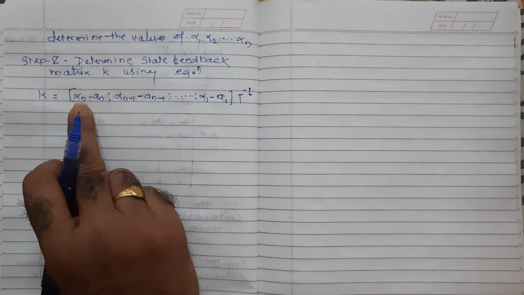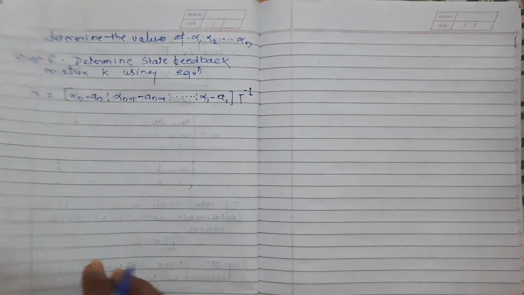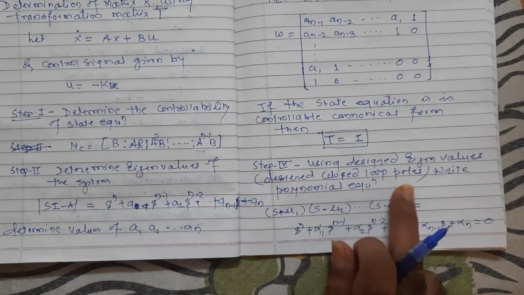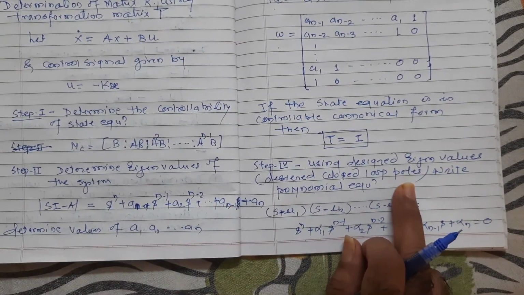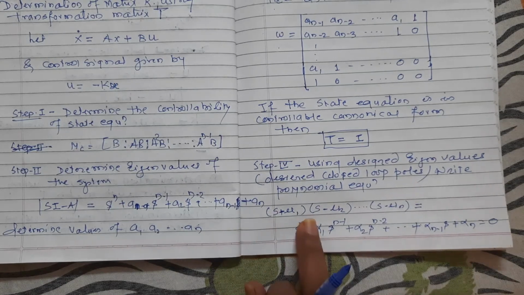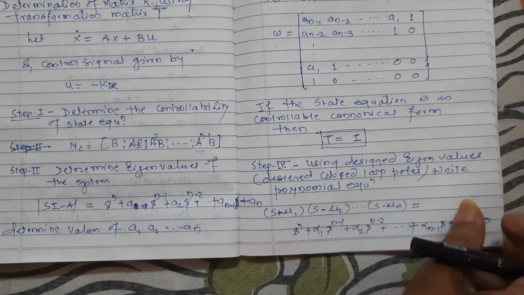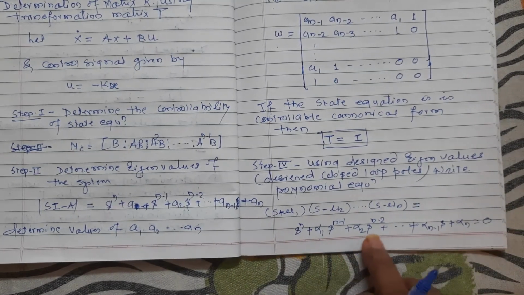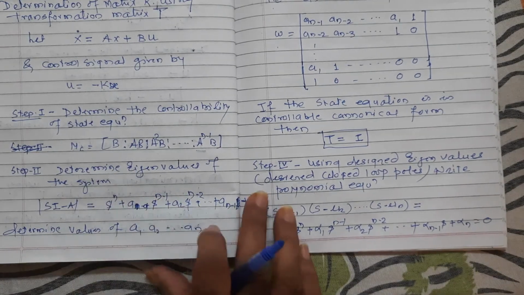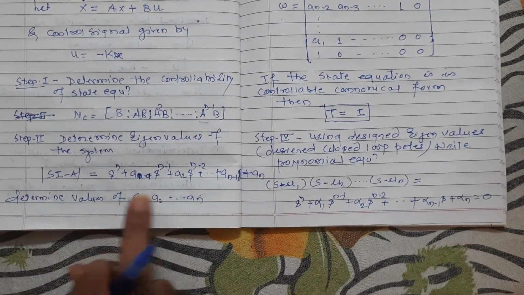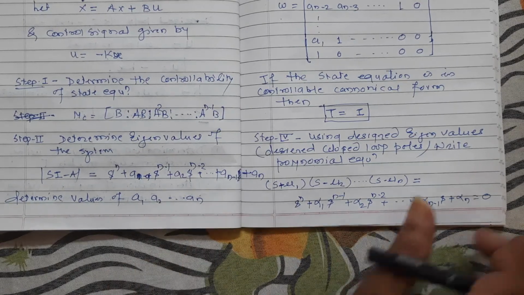See here, we have determined α1, α2 up to αn from our desired location of the poles, and from sI minus A we get the values of a1, a2 up to an.